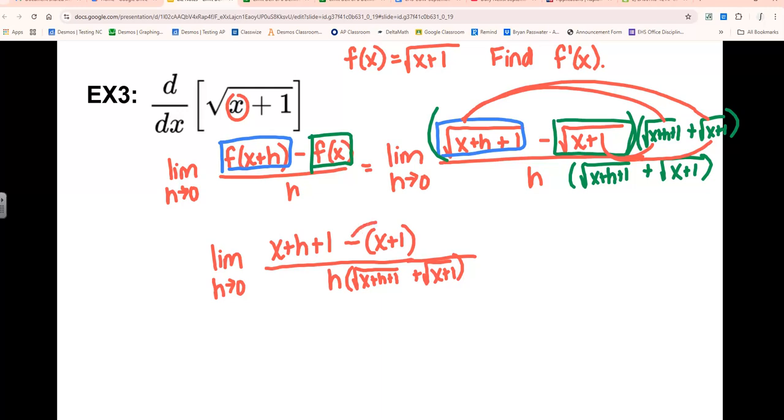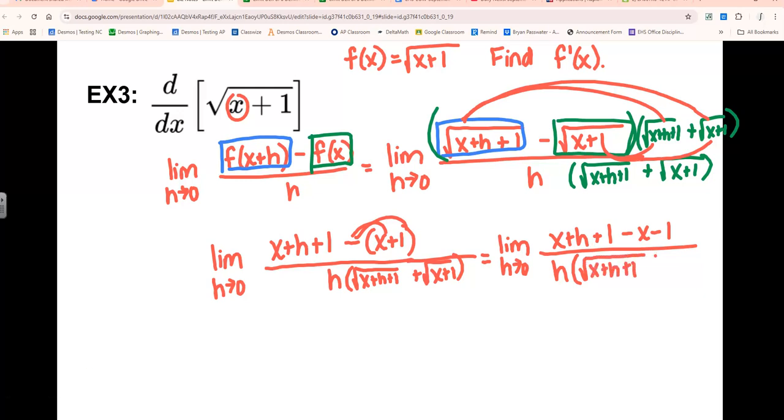So that negative gets distributed here. And that will look like this. X plus h plus 1 minus x minus 1 over h times, don't distribute your h here. Keep that factored. The square root of x plus h plus 1, because we want the h to cancel.